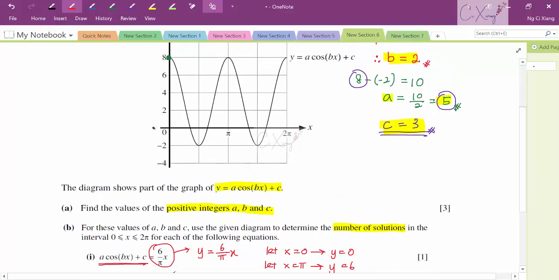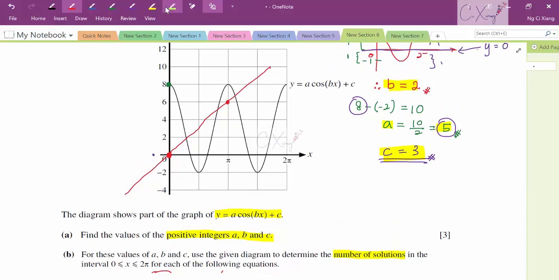So we have 0, 0 as a point, and pi and 6. Try to use a ruler to connect these 2 points together to get a straight line. If your line is accurate enough, then generally you can see the intersection points.